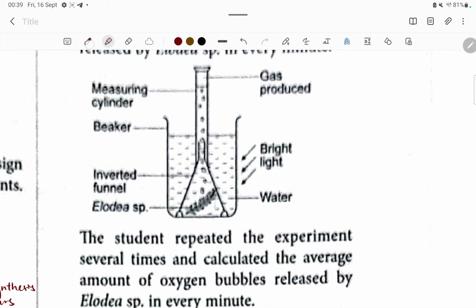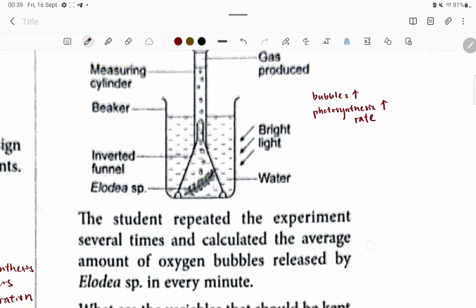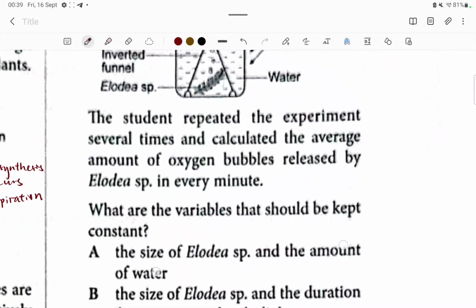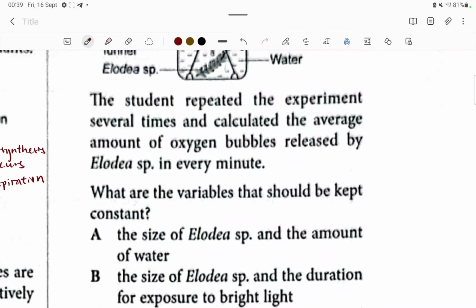If more bubbles, it means high rate of photosynthesis. The student repeated the experiment several times and calculated the average amount of oxygen bubbles released every minute. Okay. What variables should be kept constant?